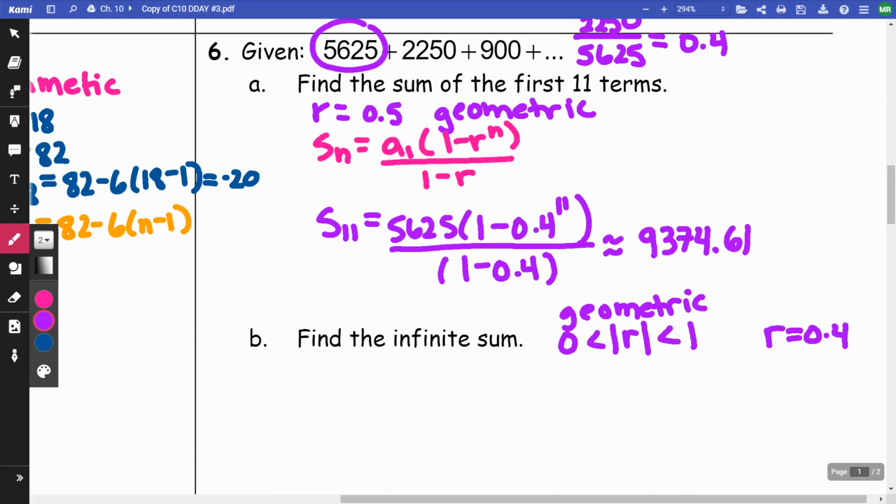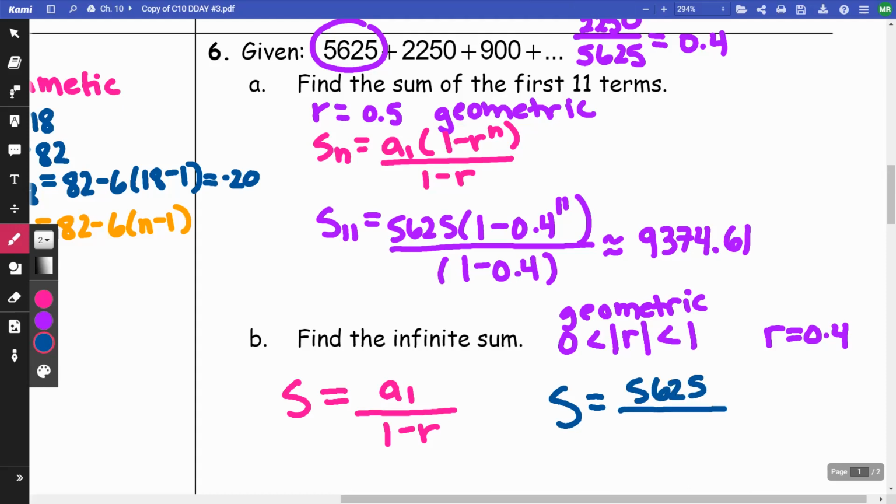So the formula for an infinite geometric sum, S, is equal to A1 over 1 minus R. So in this case, my S is going to be 5,625 all over 1 minus 0.4.